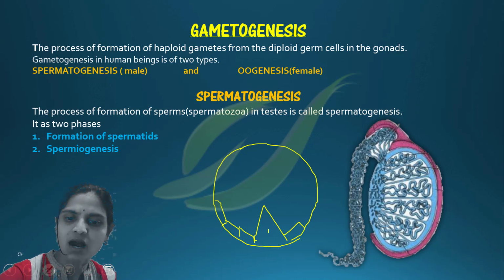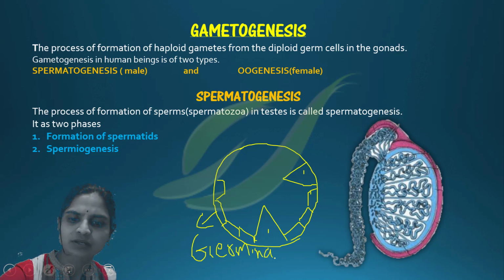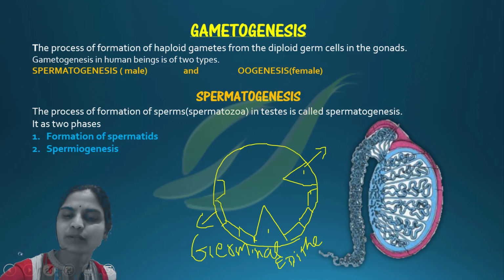These are the germinal epithelium cells. In between, we can see pyramid-like structures, which are called Sertoli cells.